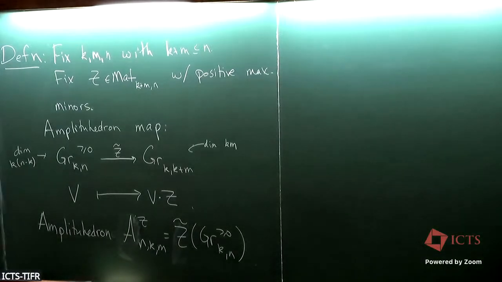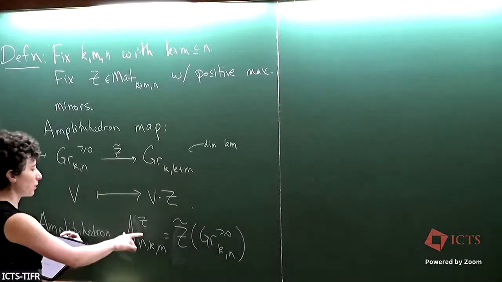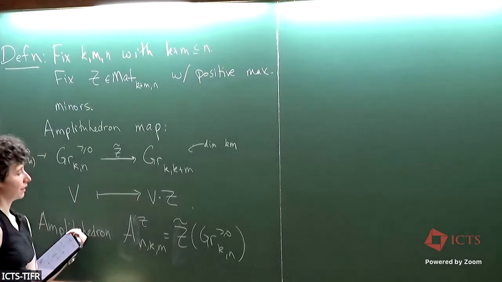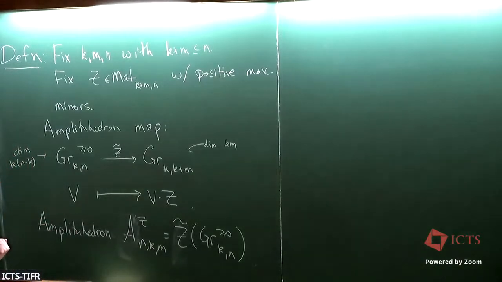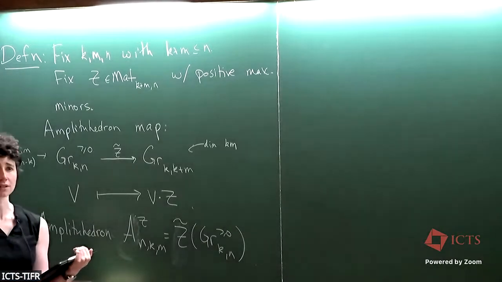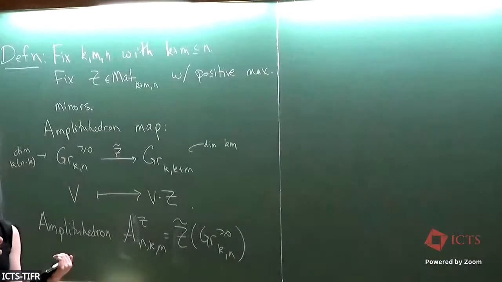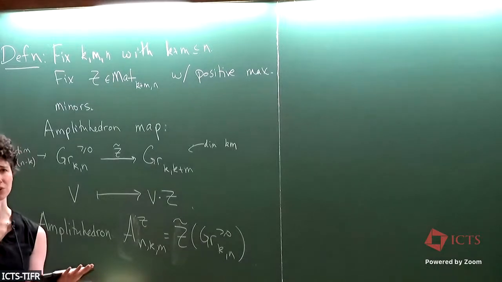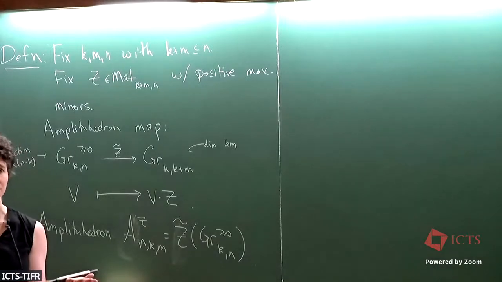So hopefully you remembered that. One thing that I want to say is, I'm not sure if I'll remember to keep this Z in the superscript here. It's supposed to remind you that to define this space, we do need this helper matrix. There's no way around it. I think everyone expects that the choice of helper matrix really doesn't matter at all. It won't change any of the story.